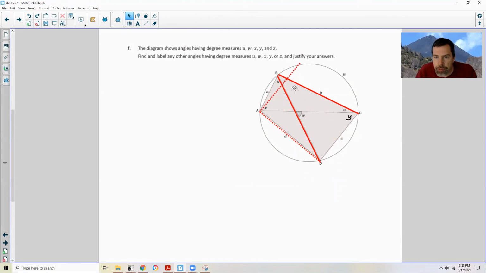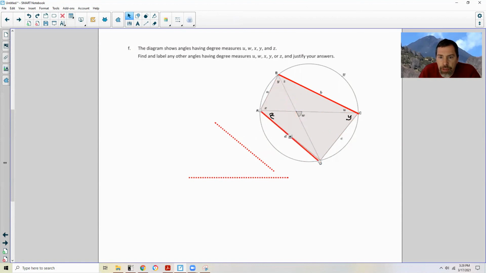You see that this angle and that angle both share arc CD. So therefore, this angle is also going to be equal to Z. All right, now let's focus on X. So let me move my dash lines out of the way and let me move this down to here. Where does X go? X goes over to C.